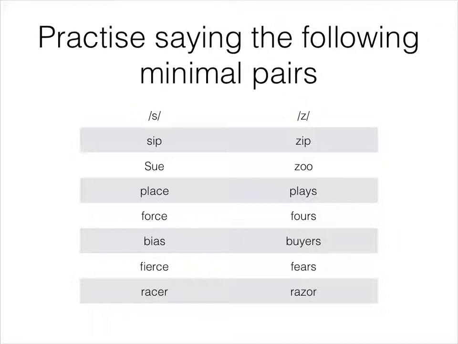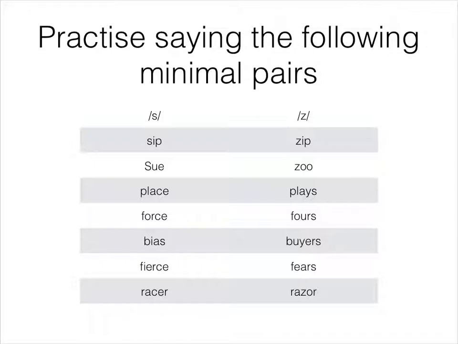For example, how do you pronounce this one? Sip. Everybody knows what to take a sip is: you drink just a little, to sip your drink or whatever. So you sip, or you zip, like a zip on a bag, for example, or a zip code in the US, or whatever. Okay.